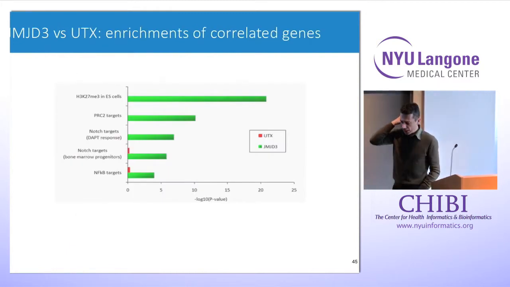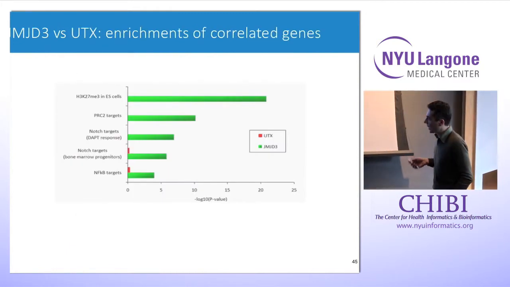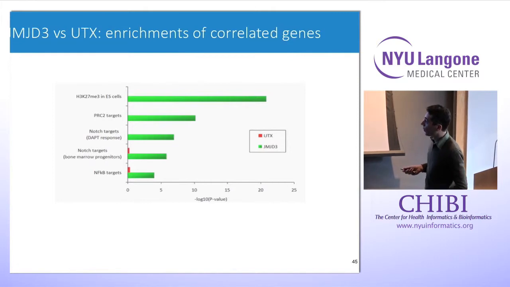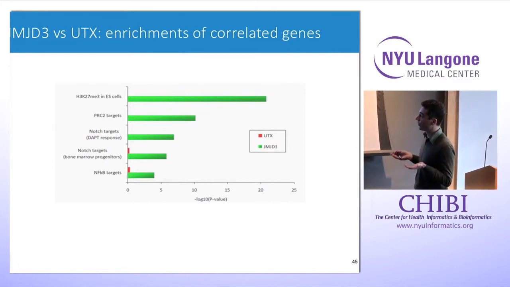Then we continued with the analysis to contrast all the evidence we had for the two demethylases, to really establish that they're different. A very simple thing: since we had 500-600 patients, we did a correlation analysis of UTX or Jumanji against every other gene, and then we kept the highly correlated genes and looked for enrichment in different gene sets.